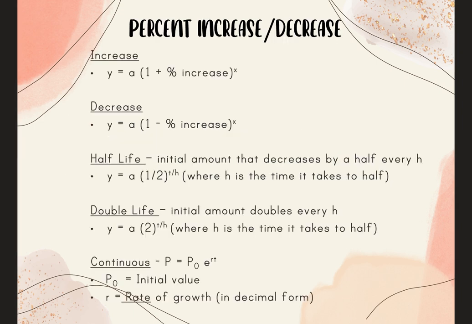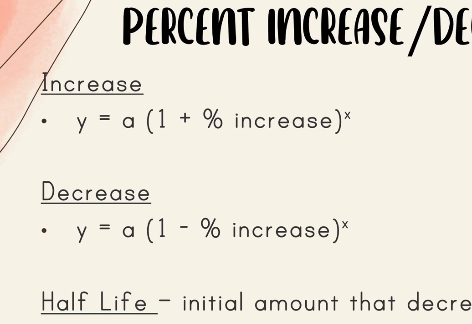So these are some of the formulas you have to know when we get into exponential functions. The first is if something has an increase. So if something has exponential growth, then we use y equals a times, just like we did before with our exponential functions, and we build our base.